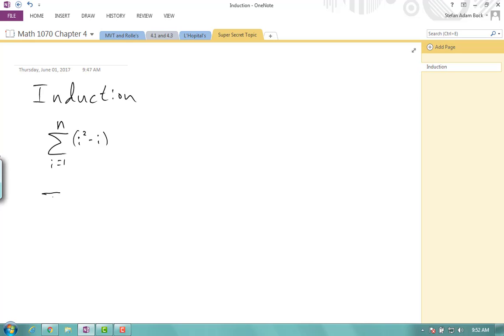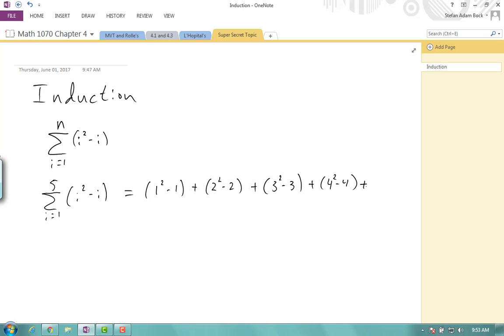So for example, if I had the sum i equals 1 up to 5 of i squared minus i, this would be equal to the i equals 1 term, 1 squared minus 1, plus 2 squared minus 2, plus 3 squared minus 3, 4 squared minus 4, and then I stop here at 5 squared minus 5.